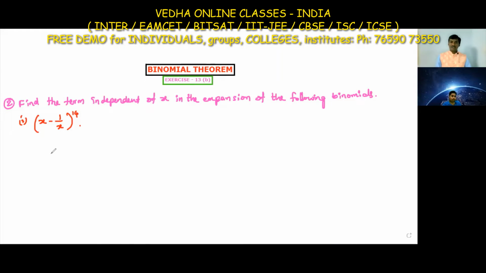So here, what is the general term? I am taking the general term formula. The general term T(r+1) is equal to nCr x to the power n minus r into y to the power r.